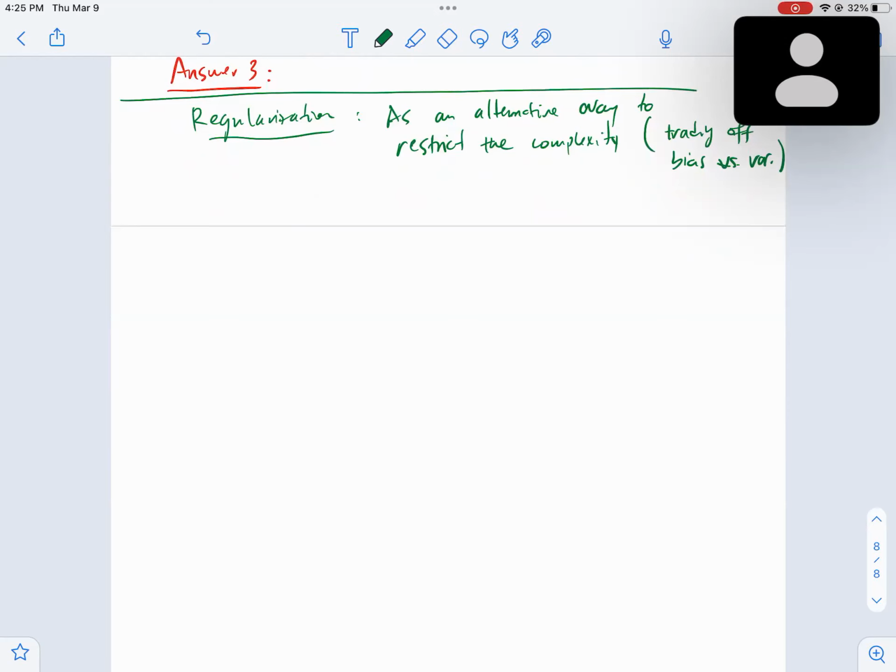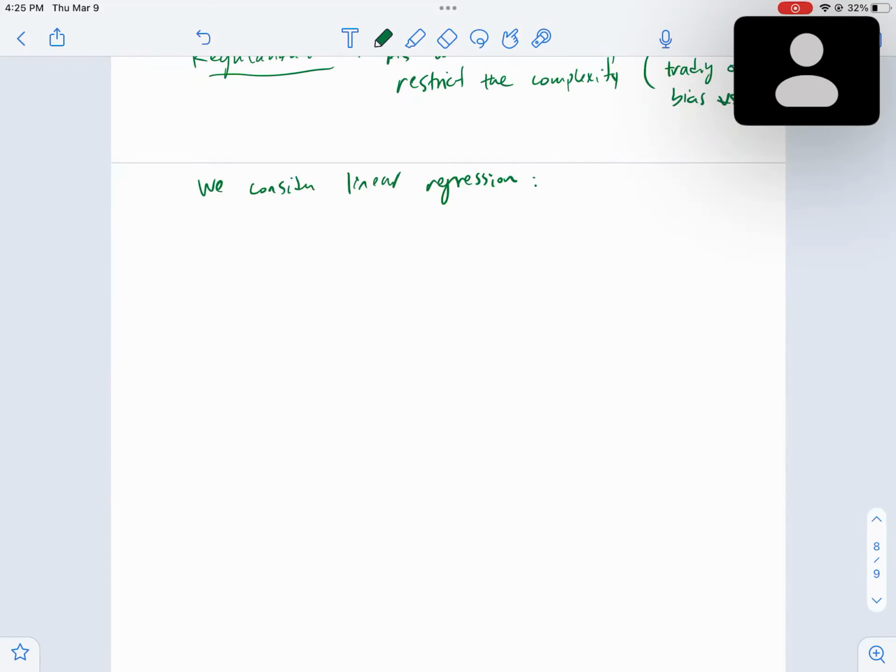The easiest thing to do is to consider linear regression, plus the squared L2 penalty. This is called ridge regression, which you have seen in your homework problems.